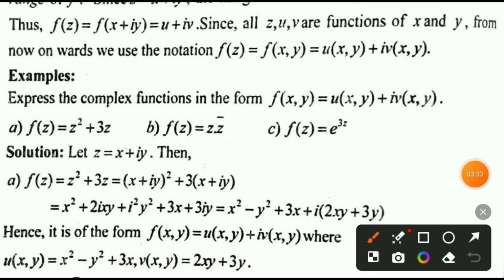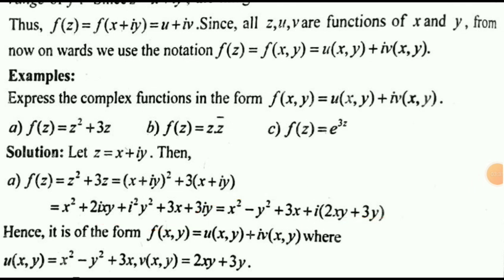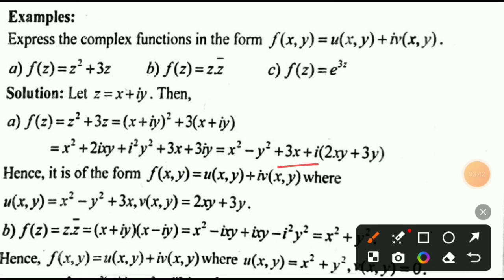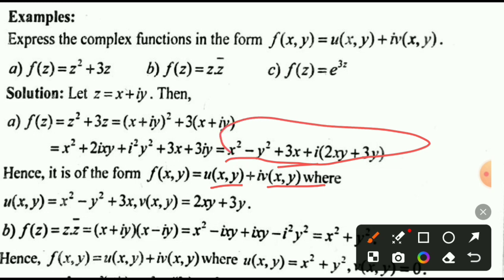When we collect the like terms and simplify it, we get this. Then it is of the form f of x comma y means u of x comma y plus iv of x comma y. Here we get the original form, or the form we were asked to find. Let's try another example.